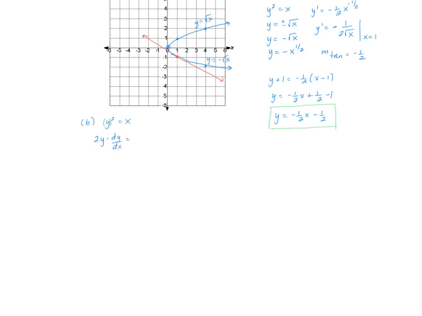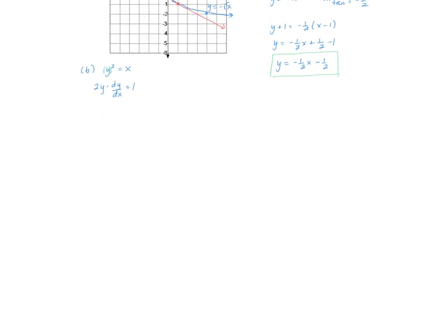But on the right-hand side, since x is the variable, the derivative of x is just 1. So whenever you take the derivative of y and you're using implicit differentiation, you have to use the chain rule and do dy/dx.